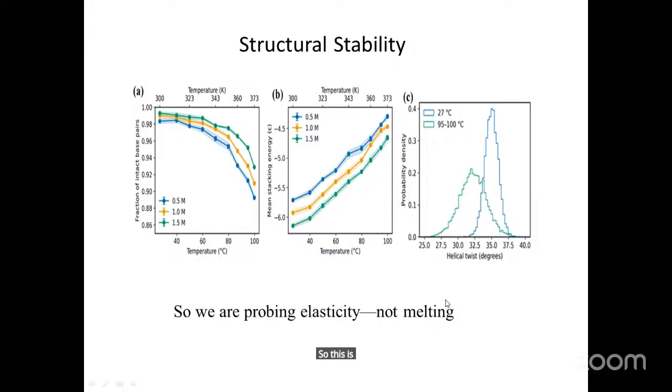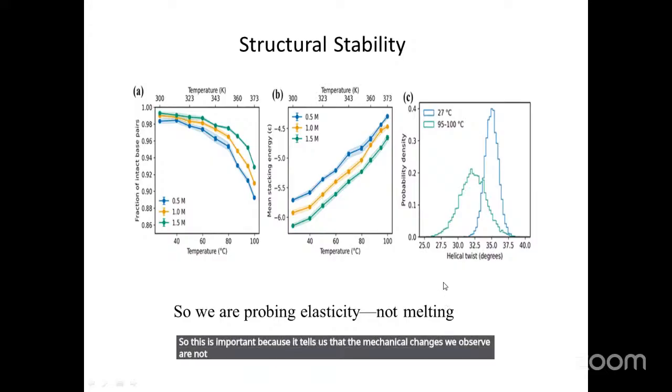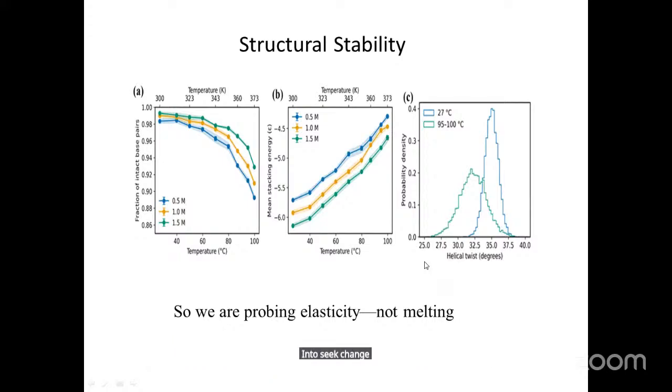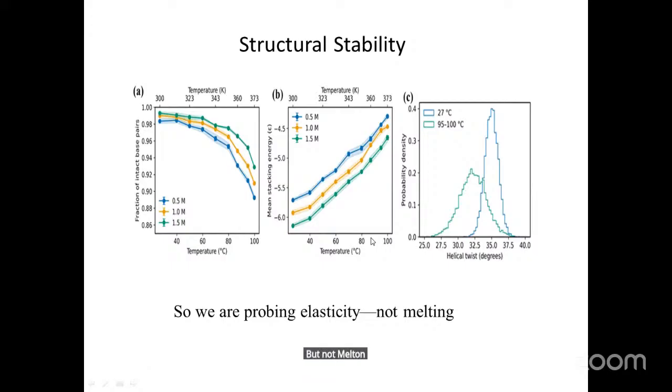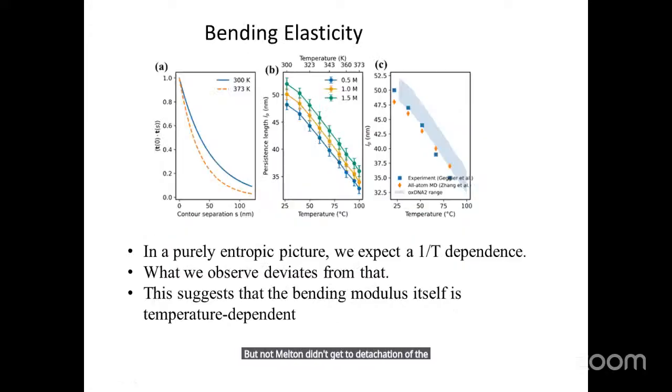This is important because it tells us that the mechanical changes we observe are not due to catastrophic structural breakdown, but to a subtle intrinsic change in the internal energy landscape. Another thing we observe here is elasticity. The structure is getting softer, but not melting. It didn't get to denaturation of the DNA structure.